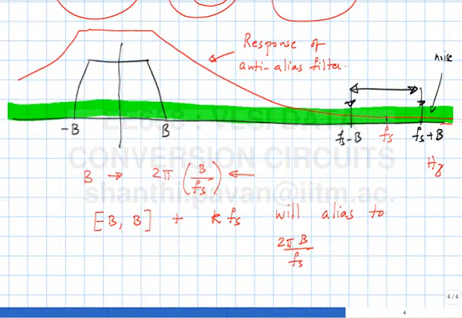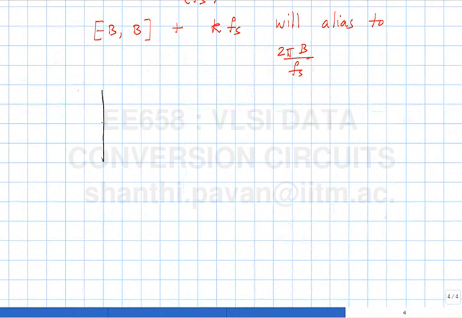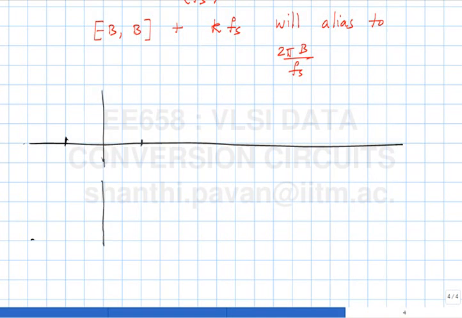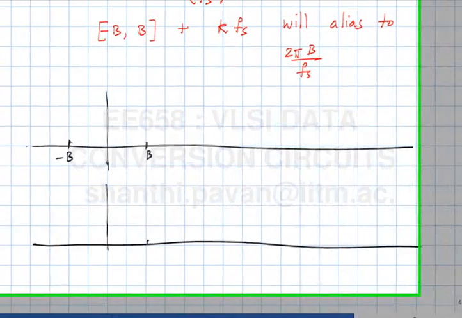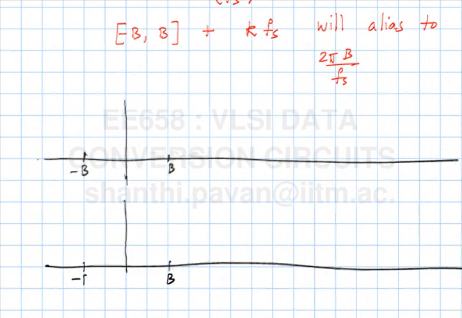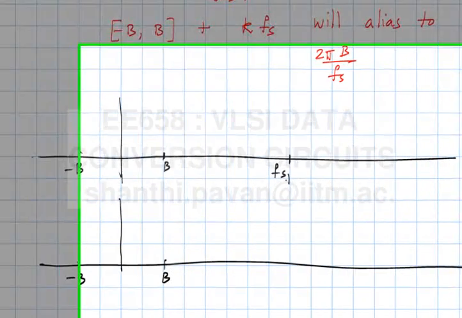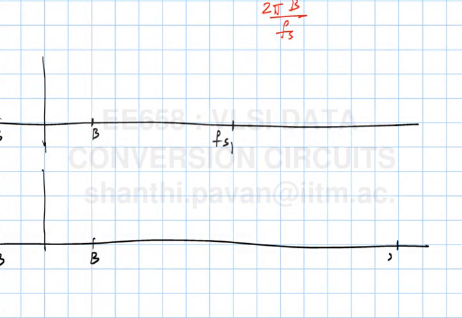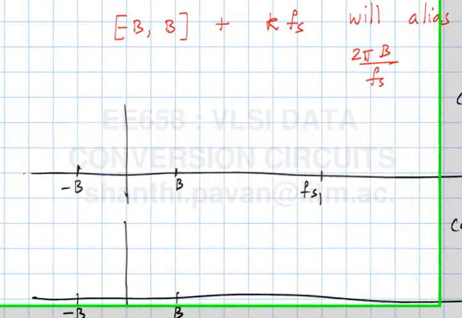Now let's consider two situations. We have the signal bandwidth being the same in both cases, minus B to B. In one case, this is my Fs, Fs1. In the other case, this is my sampling rate, Fs2.